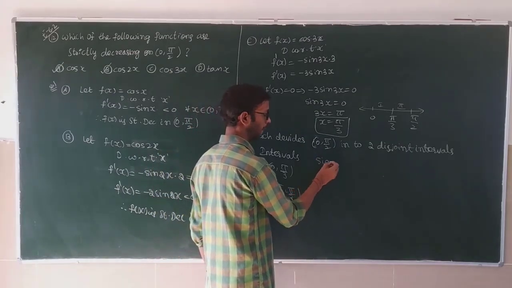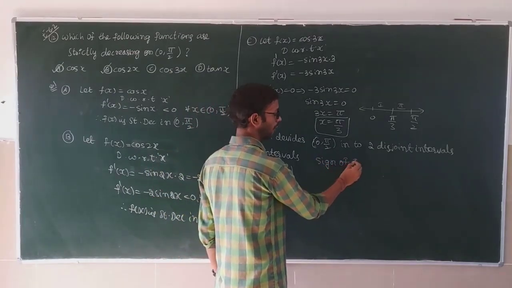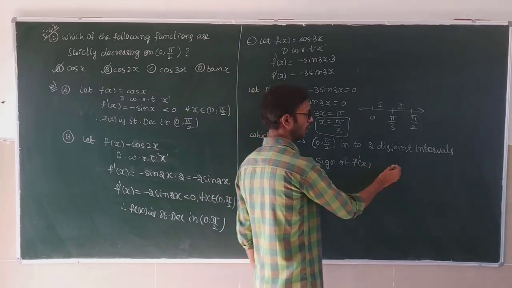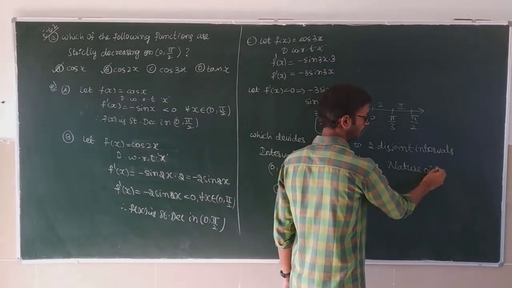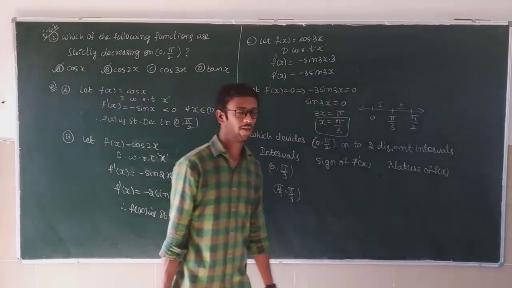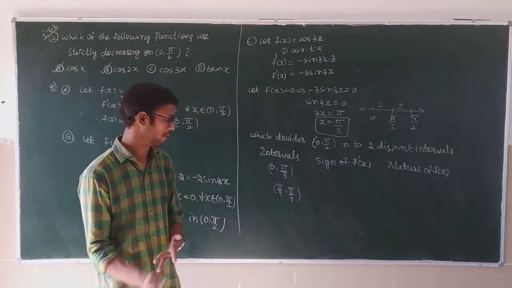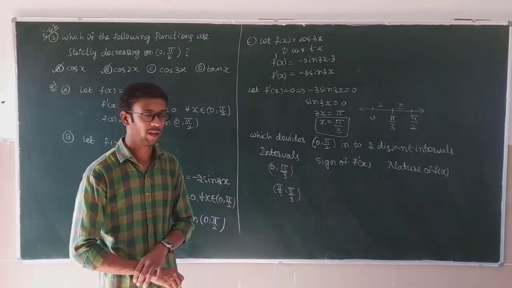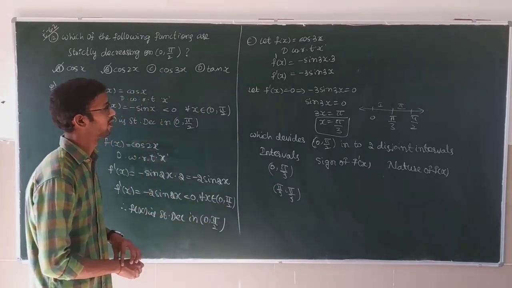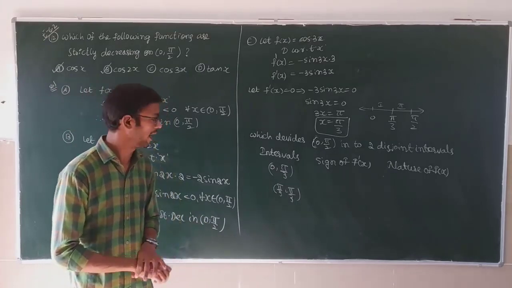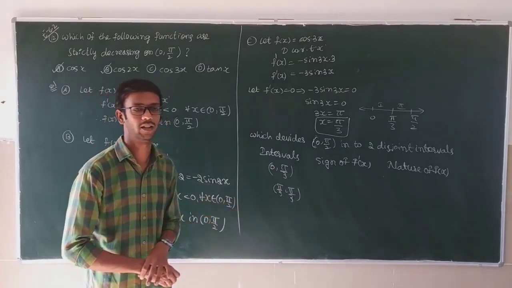Sign of f dash of x, nature of f of x. For 0 to pi by 3, sin 3x is there, and for values lesser than pi by 3, if we are taking.